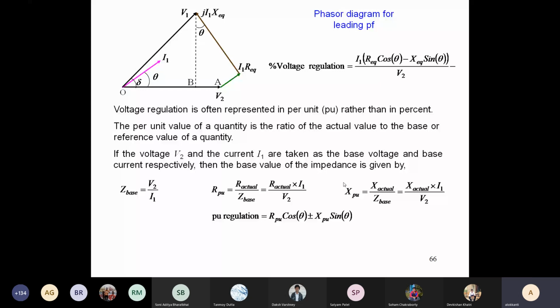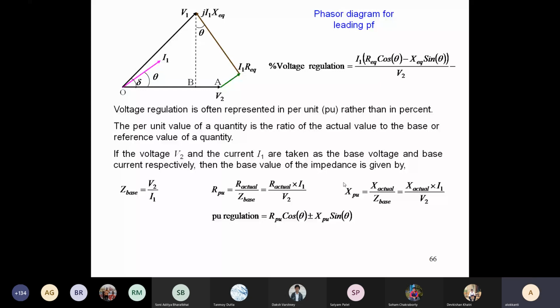Sometimes you will find it written that the per unit regulation is equal to R PU cos theta plus minus X PU sin theta. PU means the per unit value of the resistance and per unit value of the reactance. So this is known as the per unit regulation. This plus is when the load is a lagging load and it will become minus when the load is a leading load. That is why this plus minus.